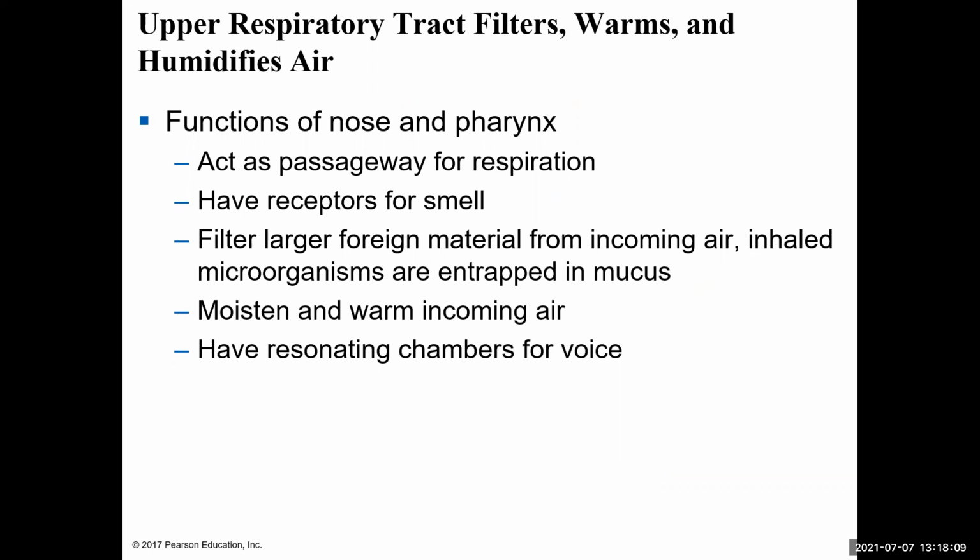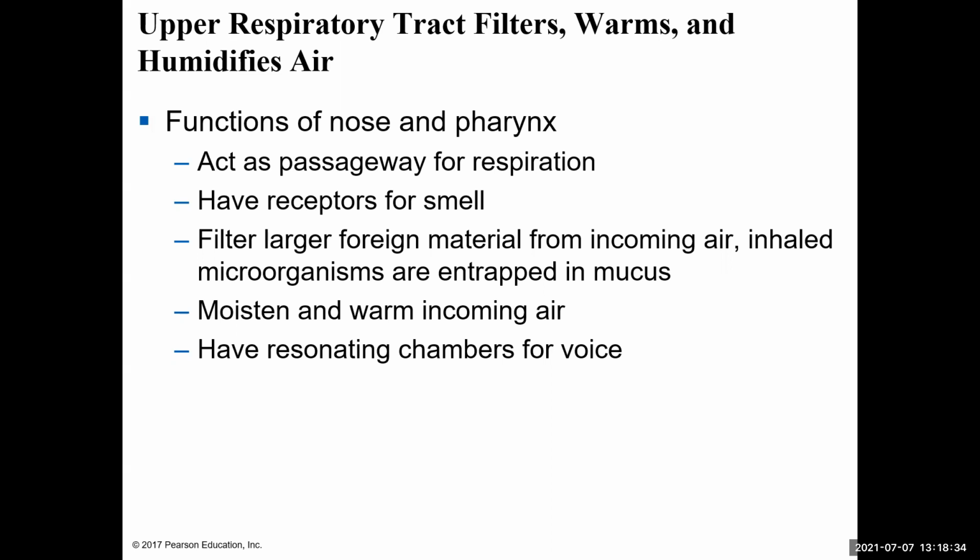So in our noses, we have hairs which grab stuff and trap particulate matter. And then we have mucus in our nasal cavities and also in our respiratory tract itself that helps to trap that particulate matter and bring it back up so we can expel it out of our body.